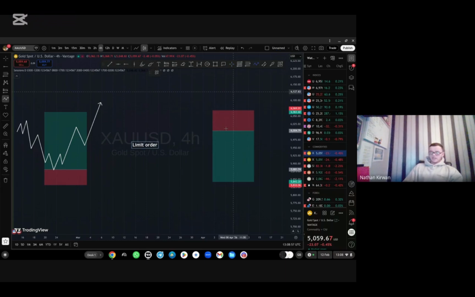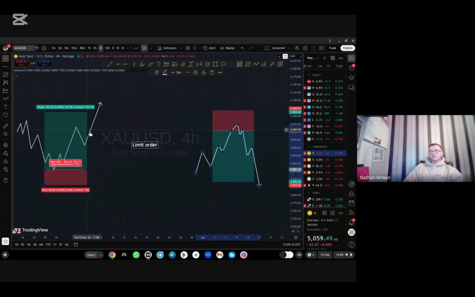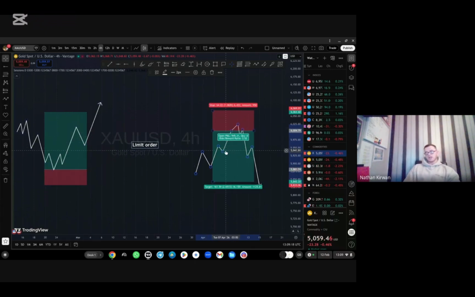And then for your sell, you think price is going to be coming bullish, and then for whatever reason, tap into your zone, potter about for a bit, and then ultimately reject off your zone. So your limit order is when you want the price to come down, enter into whatever your confluences may be, and then react. And then same again for your sell order.